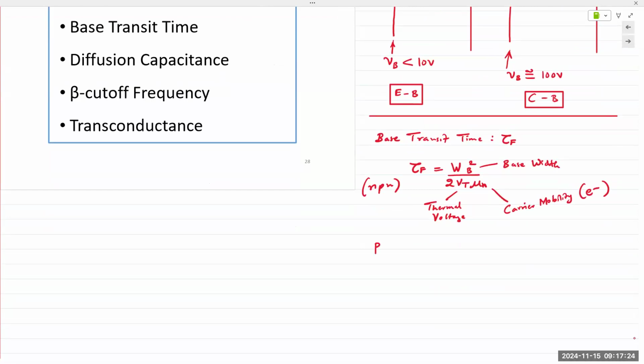For a PNP transistor, same equation, but mu n is replaced with mu p, the hole mobility. Okay.